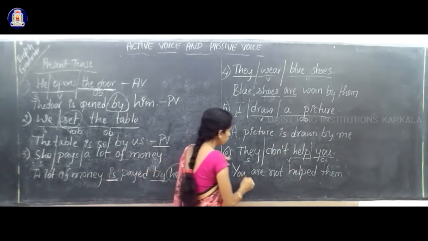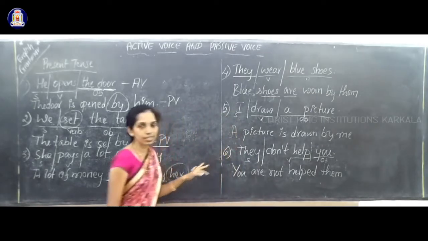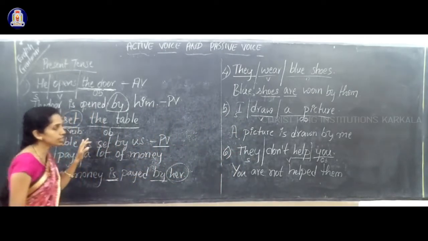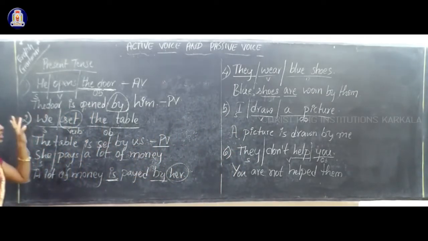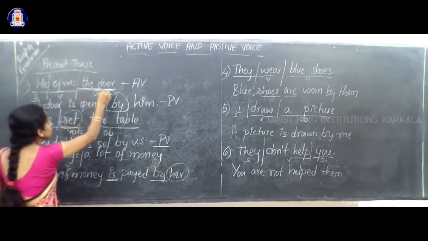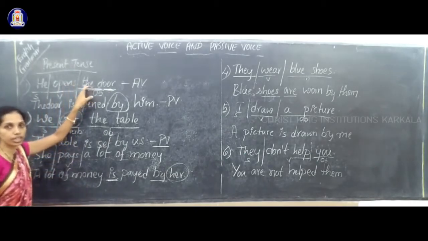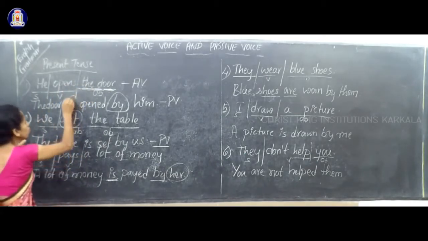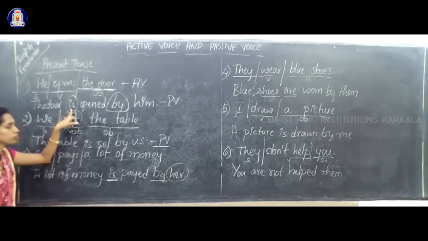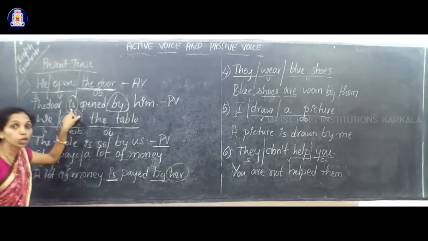Okay. So just observe all these sentences. What are the changes made in these sentences? You just see. Here, he opens the door. Here, what is changed? Word order is changed, right? And what did we add? Here we have added what?